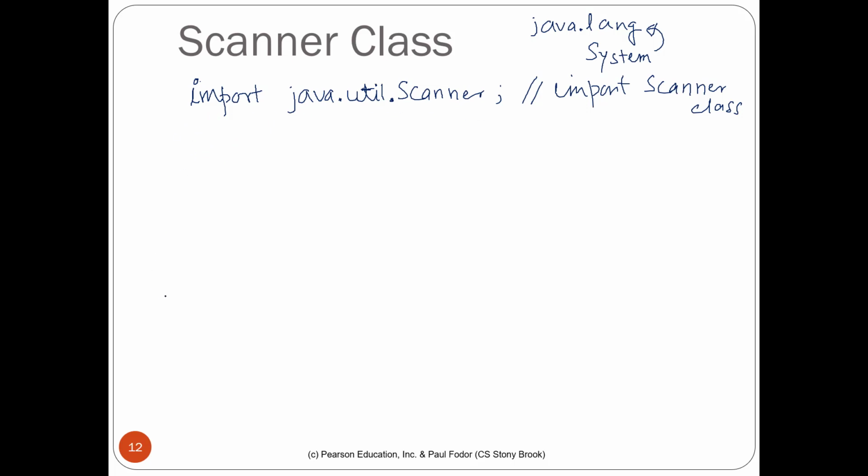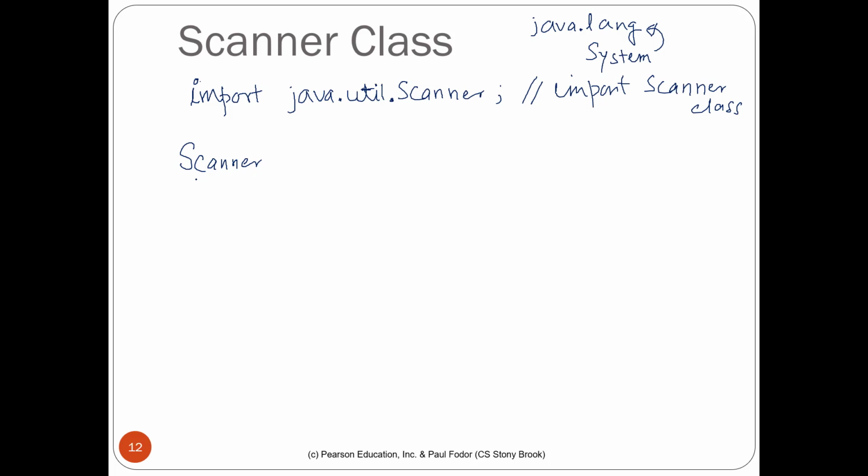Now I will not write the complete program, with the class and all that. I'm only writing the statements showing how you should use Scanner. Scanner is a class, so we will declare an object of the type Scanner.